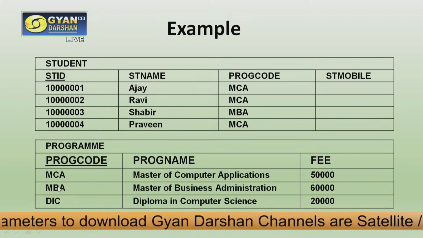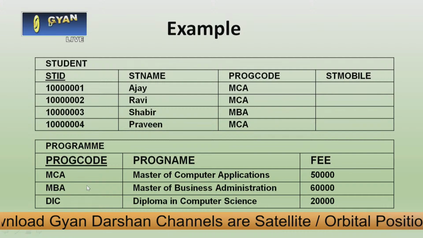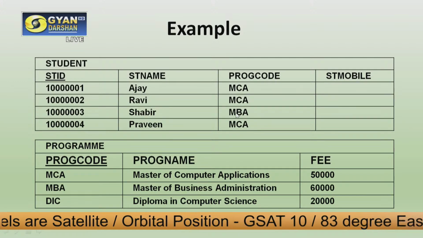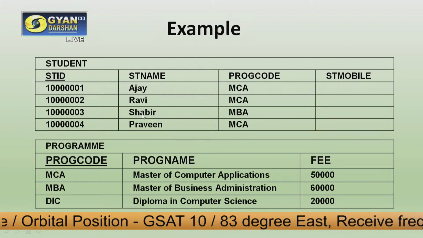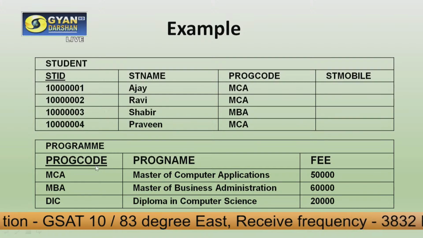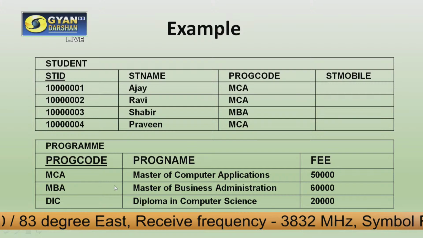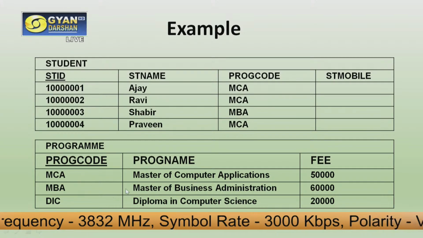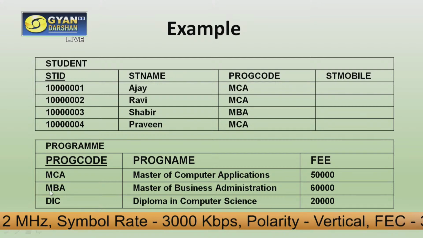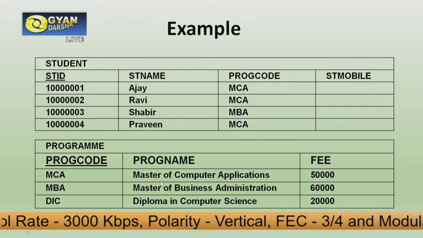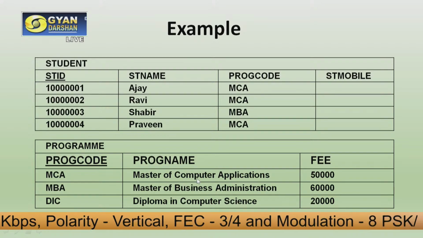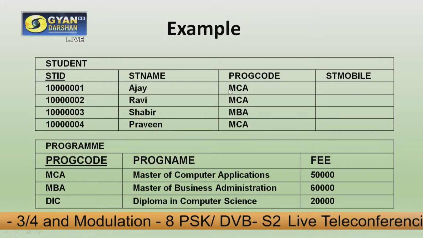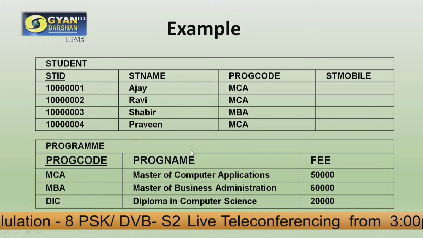But if I want to delete MBA from the program table, there is a student who is enrolled in MBA. So this particular record will not be deleted. The DBMS will stop it: you cannot remove MBA. Why? Because the referential action was on delete restrict. There is a matching record here, so it will restrict the deletion.